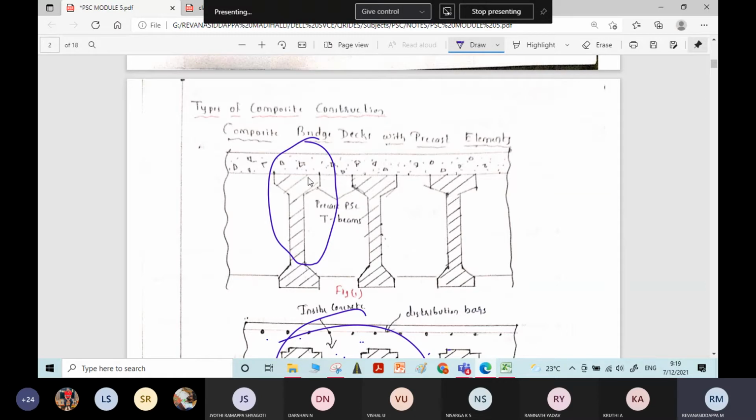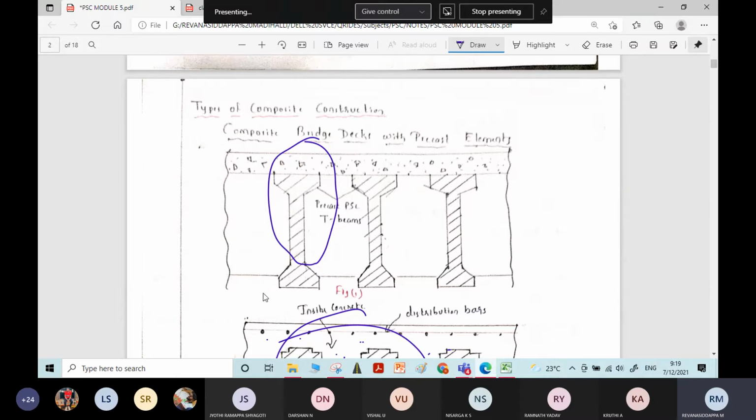These precast elements are designed in such a way that they will carry the load of the construction weights as well as the cast in situ slab.